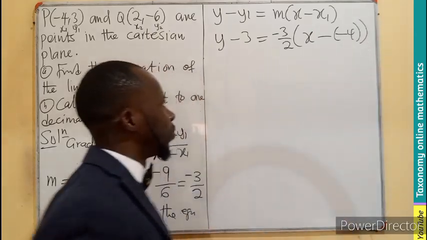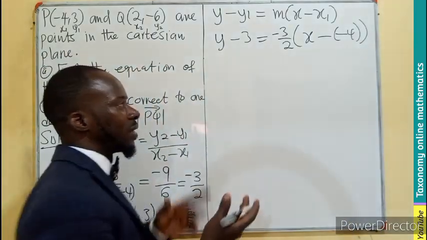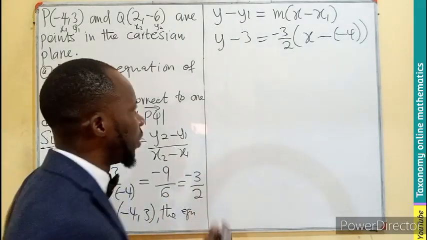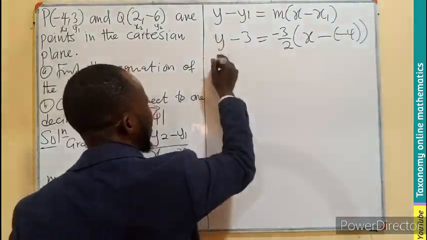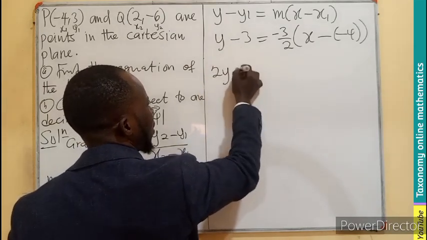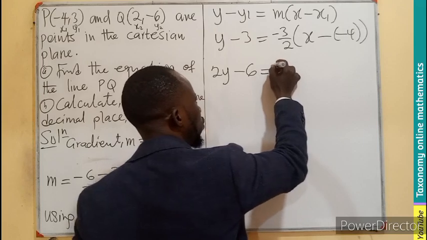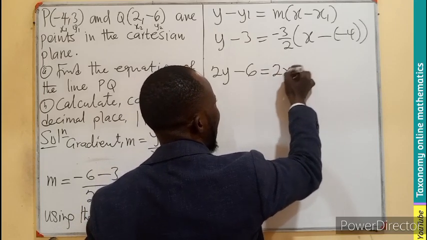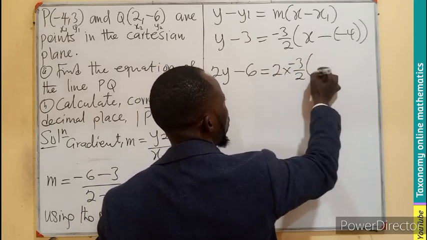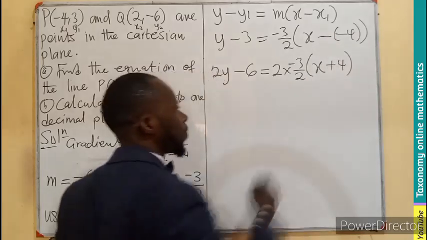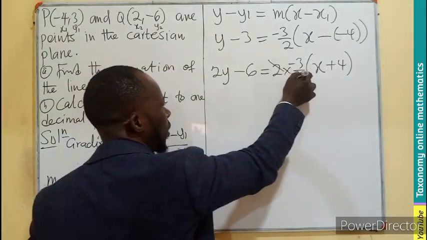All right. So what do we do? We can multiply by the LCM because we are having a fraction. So this will become 2y minus 2 times 3, which is 6. Then equals 2 times minus 3 on 2 times x plus 4, negative, negative gives us positive 4. So these 2 will be cancelling.